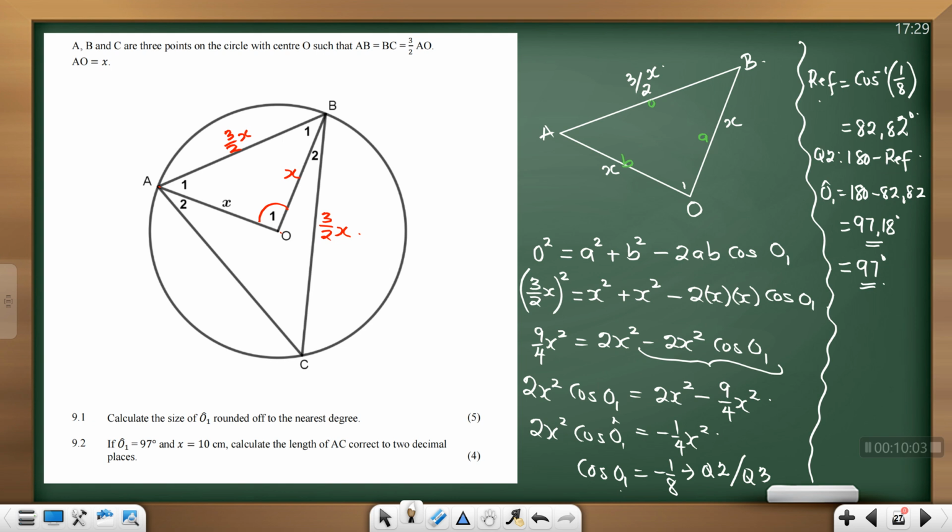So when we say solve for x, you have to find the general solution, because 82,82 is not the correct angle. It's the angle in the first quadrant. But our negative 1 over 8 tells us we are in the second quadrant, or the third. The second quadrant tells us our angle must be greater than 90 degrees. That's why we cannot end at 82,82.